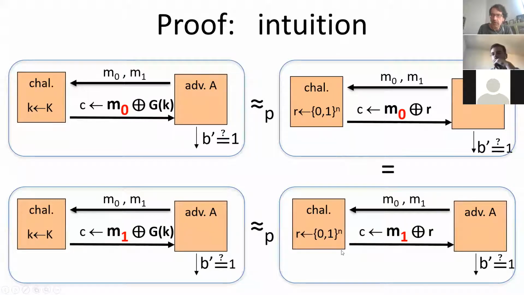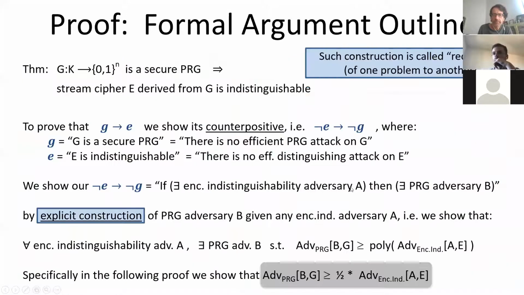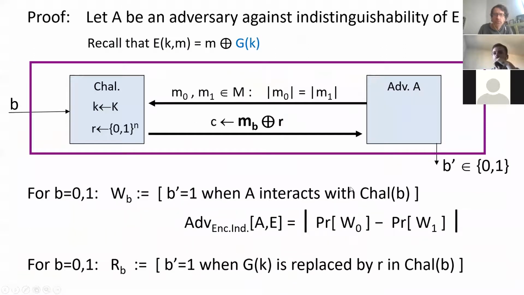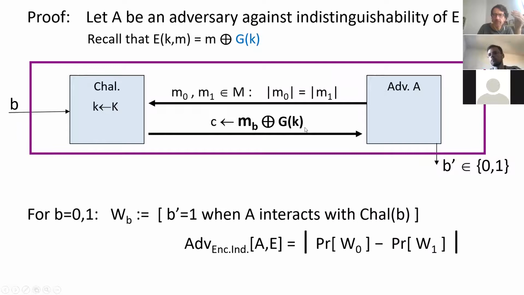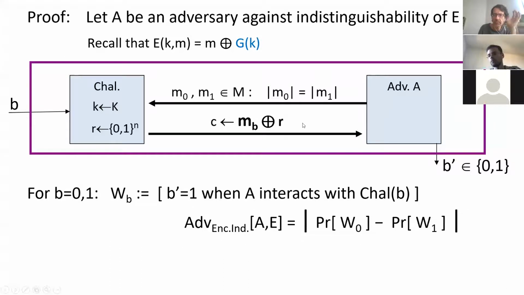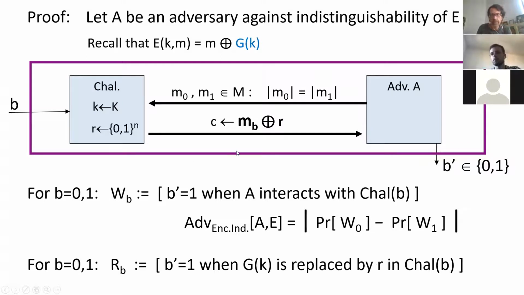I will now introduce variables that correspond to these intermediary modified games. So I will call them R of B, the random game, where instead of what I had before, where the adversary gets MB XOR GK, I now will give him MB XOR R for a completely random R, right?